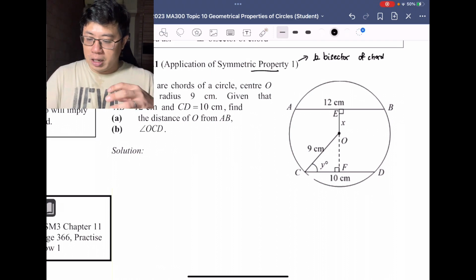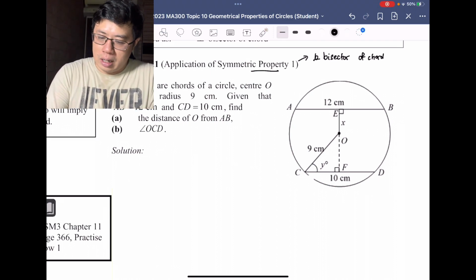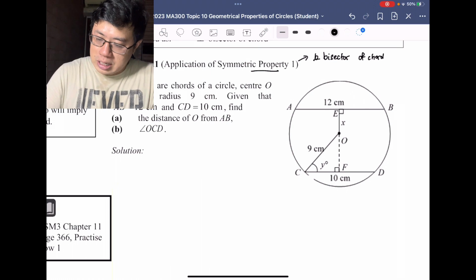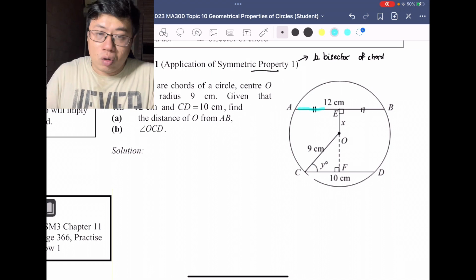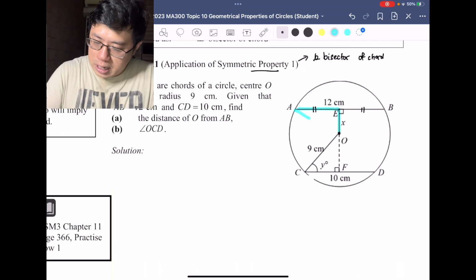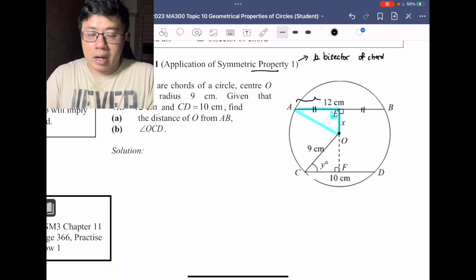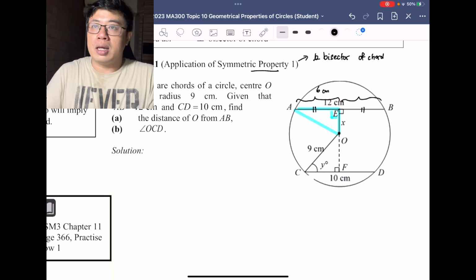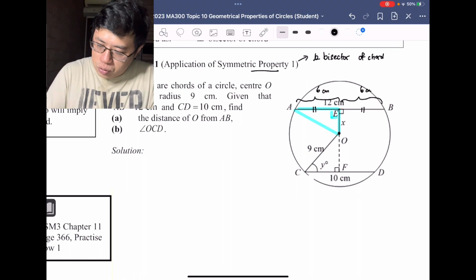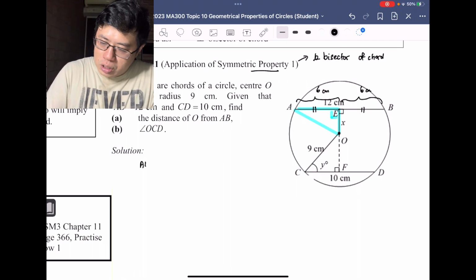All right, so after that, because this is a perpendicular bisector, let's call this point E. AE and EB will be the same. If we focus on this triangle here, this is going to be a right angle triangle. AE over here will be equal to 6 cm, so in fact it's also equal to EB, which is equal to 6 cm.